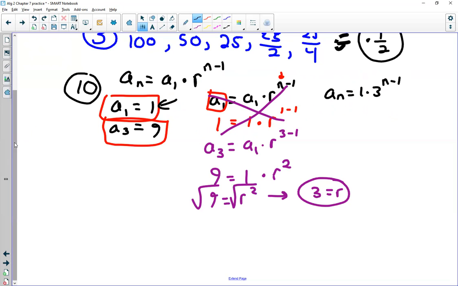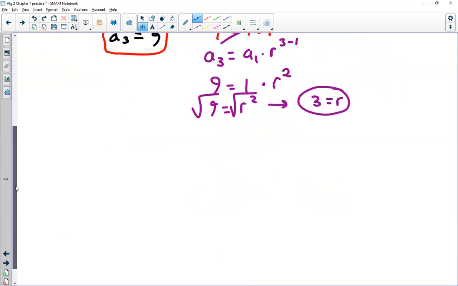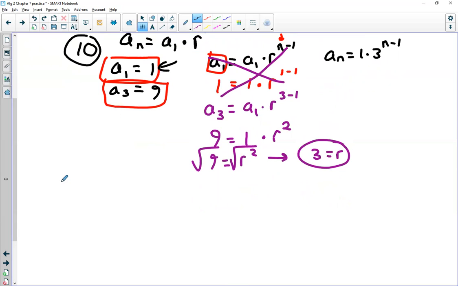When you have two a_1s and you put one over another, the first one you find is r, which you then use to find a_1. All right, a_3 is 24.